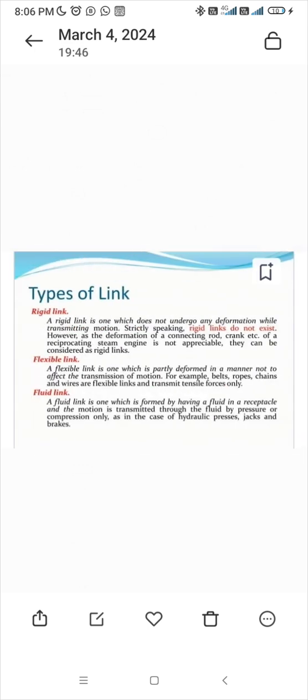There are different types of link. The first one is the rigid link. A rigid link is a link which does not undergo any deformation while transmitting the motion. What is meant by deformation? You can easily understand deformation by studying strength of materials.